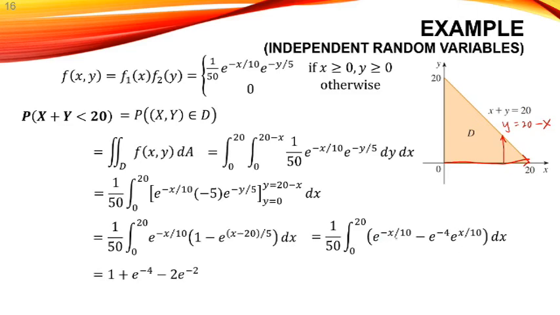Then evaluating the last outer integral, we have this one, which is approximately equal to 0.7476. So the probability na ang waiting time na mako-consume ng kahit sinong moviegoer is less than 20 minutes is just a probability of 0.7476.